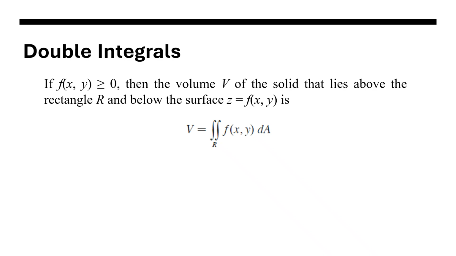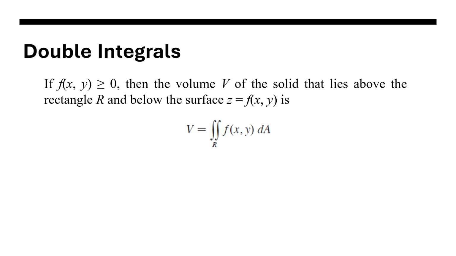If you remember the definition of the double summation, it is what we call a double Riemann sum, and it is used as an approximation to the value of the double integral.